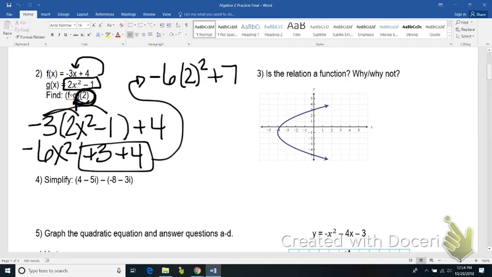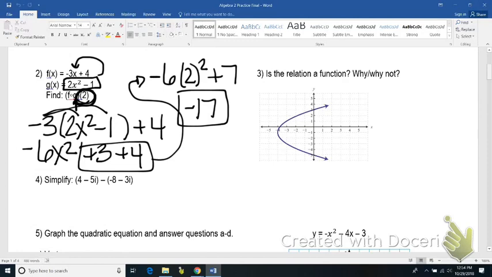Okay, and then if you type that into a calculator, 2 squared is 4, times negative 6 is negative 24, and negative 24 plus 7 is a final answer of negative 17. Whether it's multiple choice or not, you'd still have to work through that process.